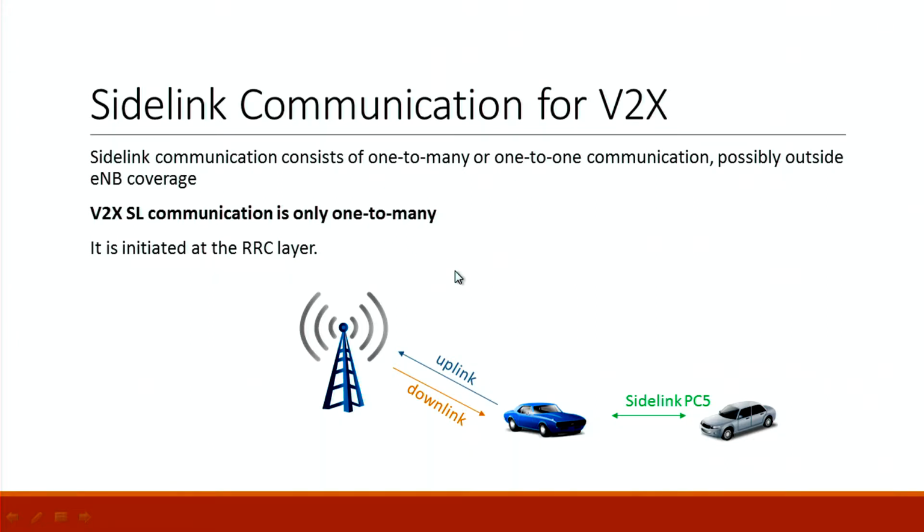The only difference between the standard ProSe and the V2X is that ProSe is nominally one-to-one and one-to-many. Vehicular communication is just one-to-many. And it makes sense, because you want to advertise your position, for example, to anyone who's in communication range.